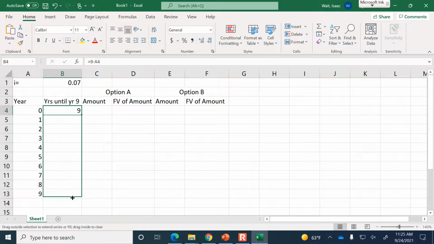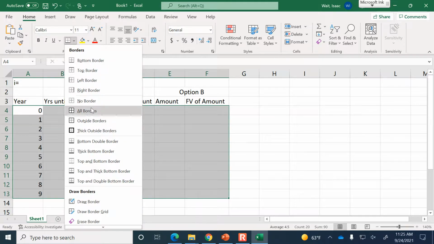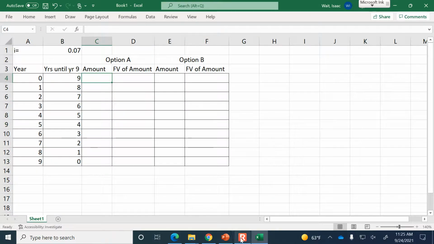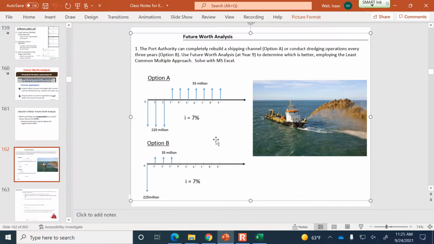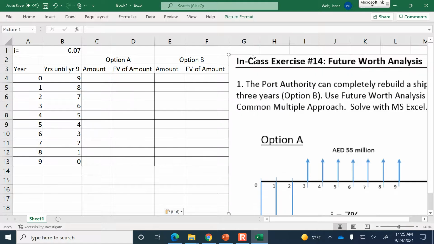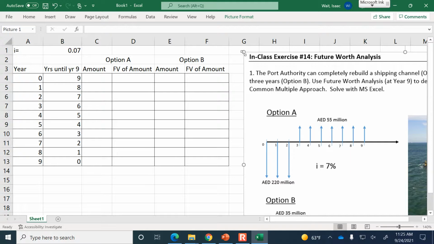All right, so what you need to do is fill in the rest of this table just up to the amounts. And that seems negligible, but remember what we're having to do is the repeatability assumption. So option A you can just enter directly, but option B you need to repeat it 3 times so that it covers the 9-year study period.